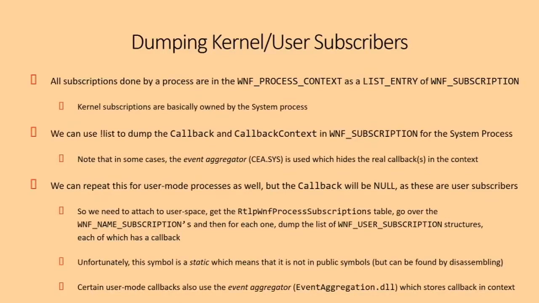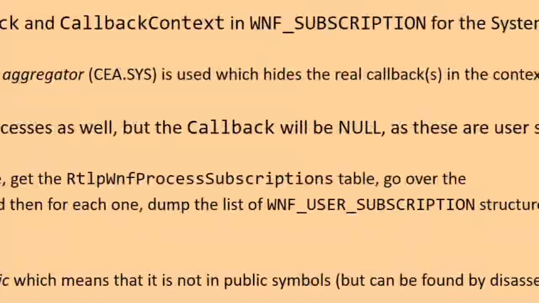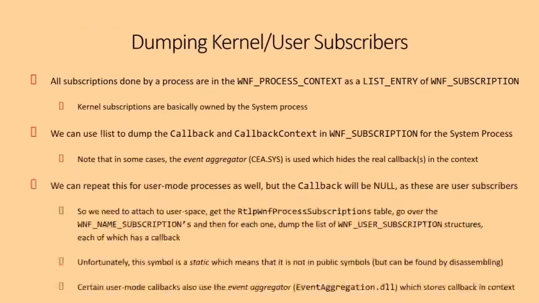In user space, there's an RtlpWnfProcessSubscriptions table, and this table has a linked list of all the active subscriptions, as Gabriel talked about. For each subscription, you can see all the callbacks associated with it, and given a process, you can see all the user mode functions inside of every DLL, and what name they are listening on.